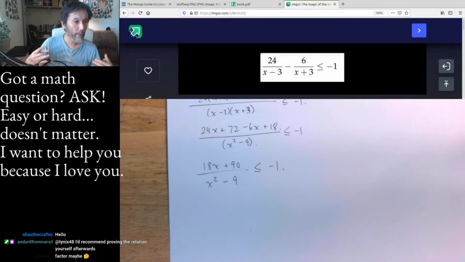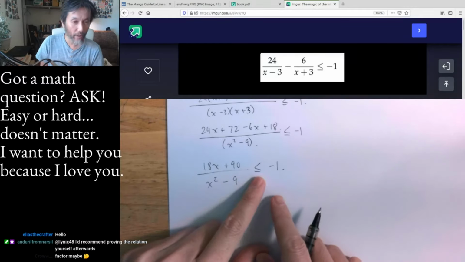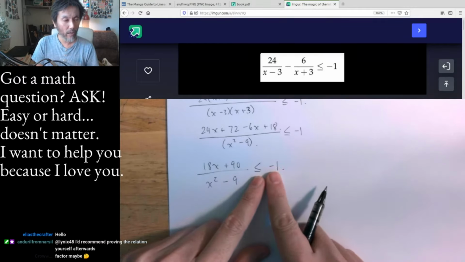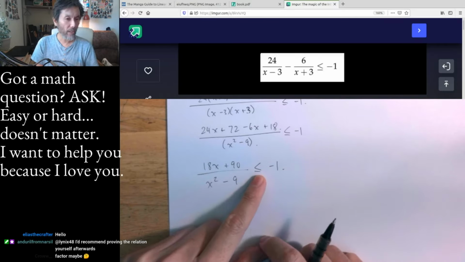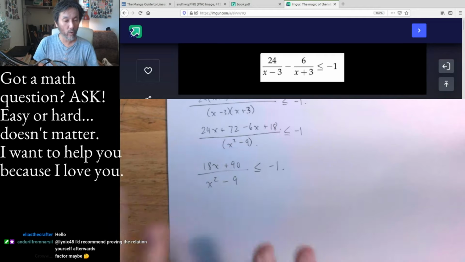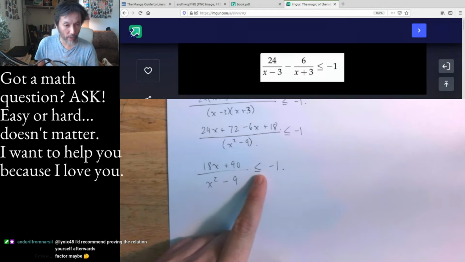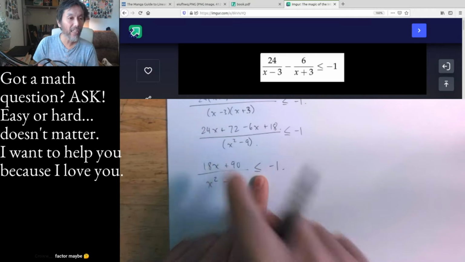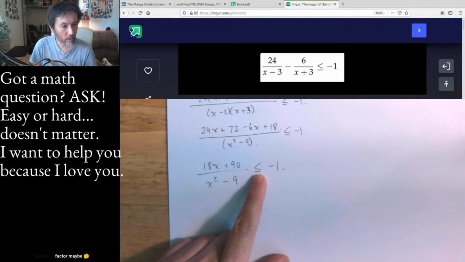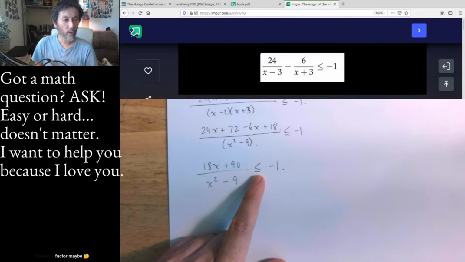Instead of thinking about when this is less than or equal to -1, I would first think about when it's equal to -1, as a starting point. Instead of thinking about this inequality, I would first think about when equality happens. And there's a good reason for that, which I will describe in just a moment.